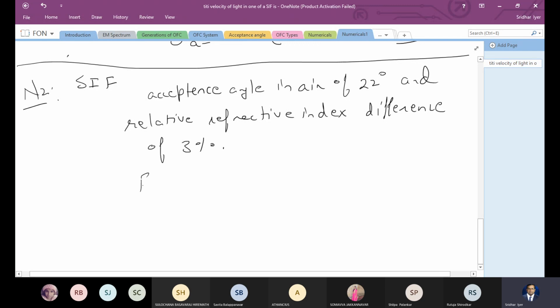Find the numerical aperture and critical angle.